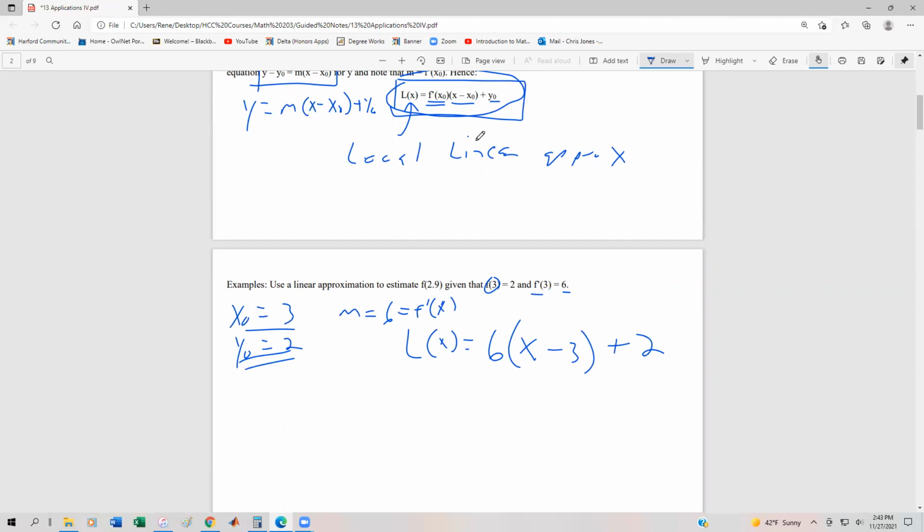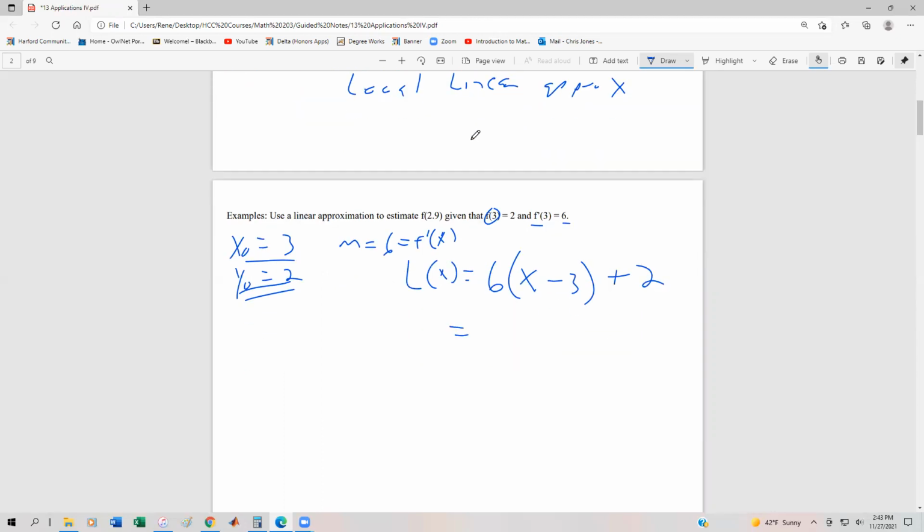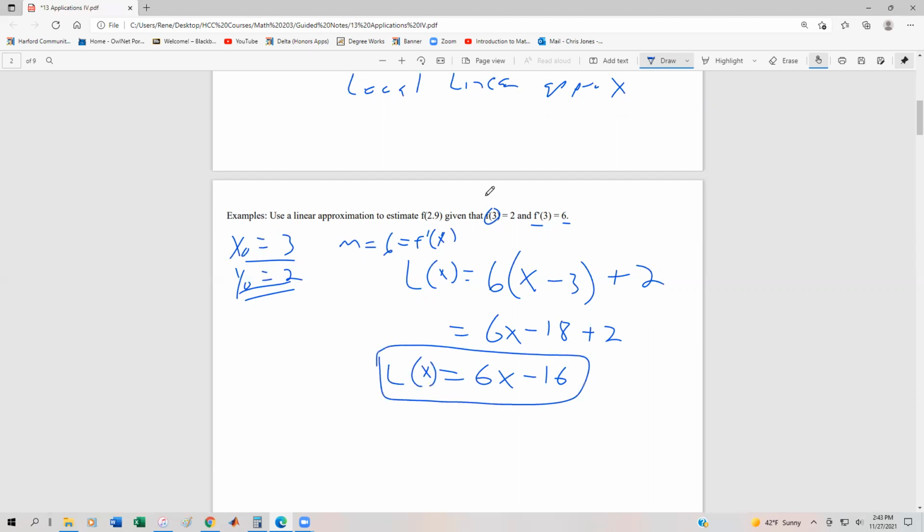We can simplify this to 6x minus 18 plus 2, or 6x minus 16. That's going to be our local linear approximation. Not too difficult to find, really just some pre-calculus stuff.